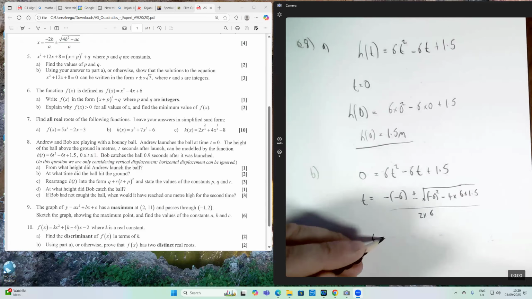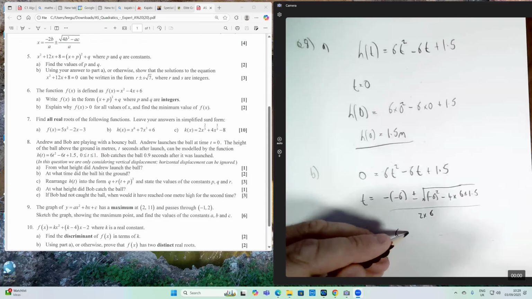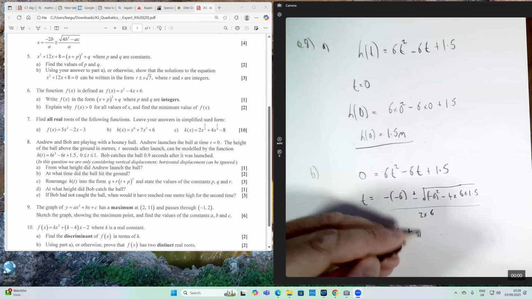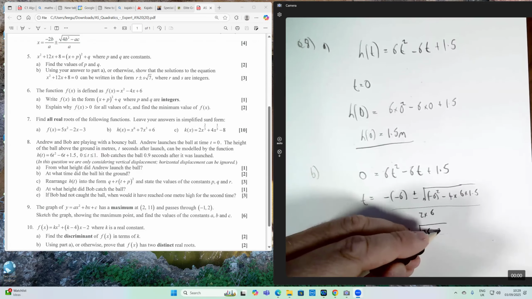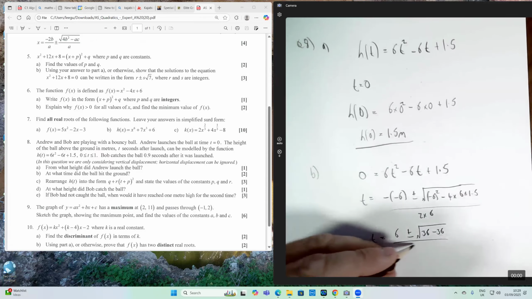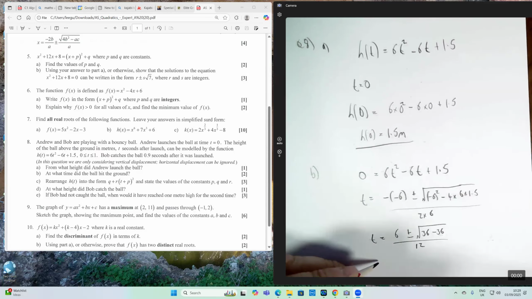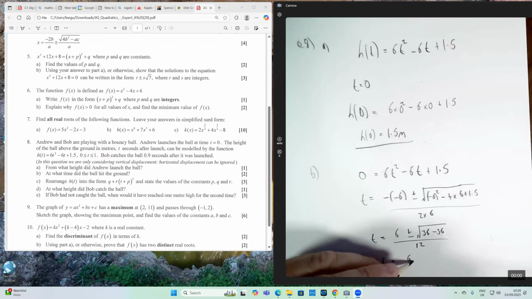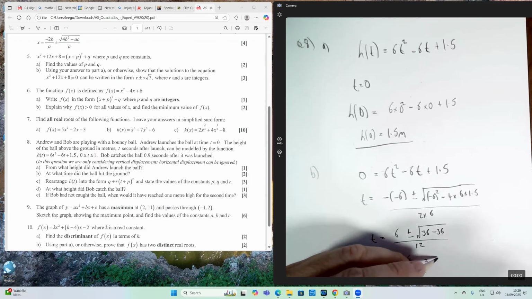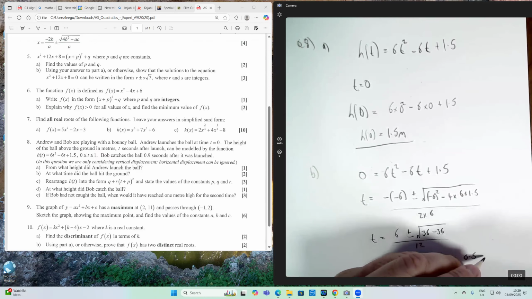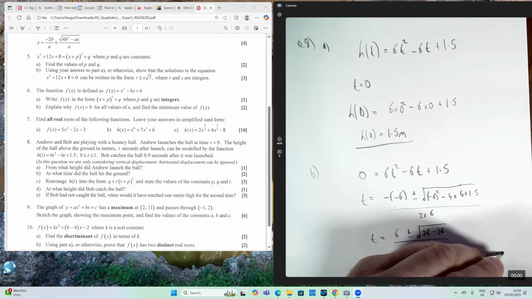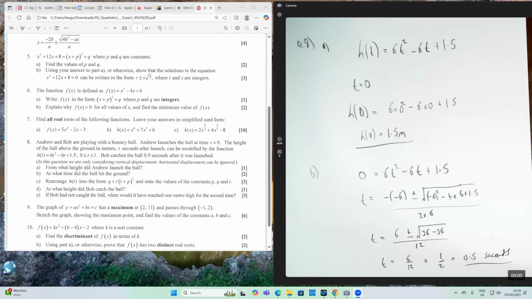And that's going to give me, when I work that out, 6 plus or minus root 36 minus 36 over 12. So t is equal to 6 over 12, which is equal to a half. So 0.5 seconds is our answer to part B.